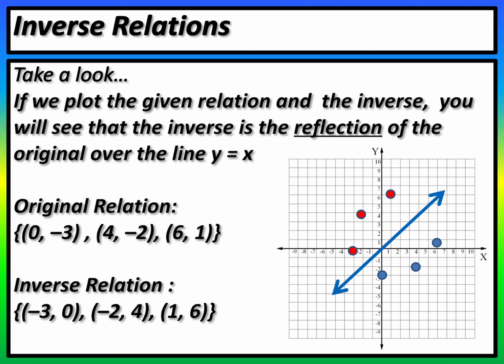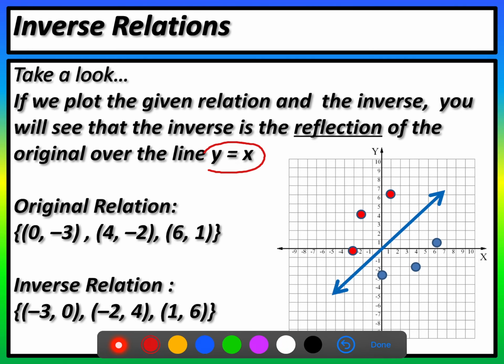We can see that a function and its inverse should be a reflection over the line y equals x. This is very important, so make sure that it is included in your notes. A function and its inverse are reflections over the line y equals x, and you can see that these ordered pairs are mirror images of each other.